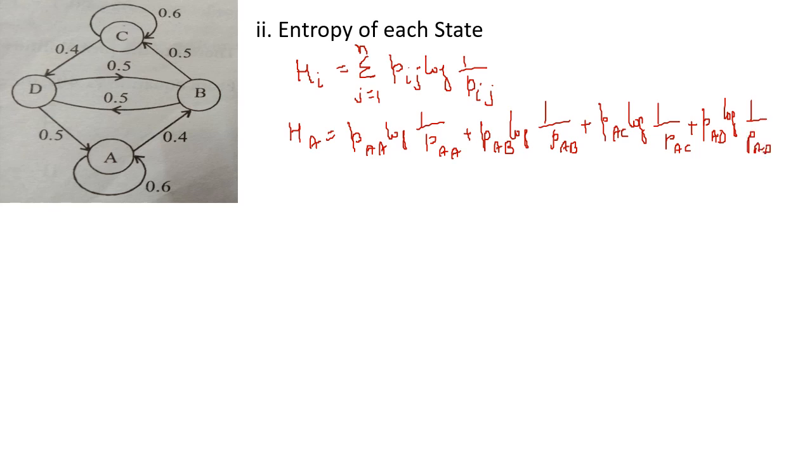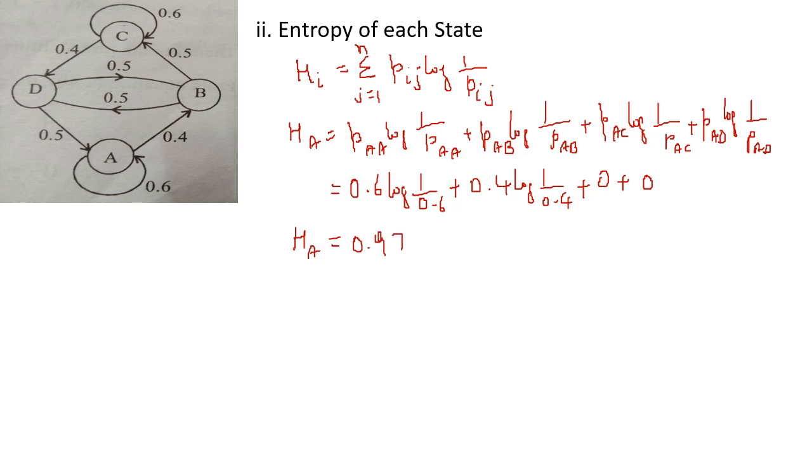We'll substitute the respective transitional probability from the graph. So PAA is 0.6, so 0.6 log 1 by 0.6 plus PAB is 0.4, so 0.4 into log 1 by 0.4 plus, PAC is 0, PAD is 0. So we'll get the value of HA, which will be equal to 0.971 bits per message symbol. So this will be the entropy of your first state.